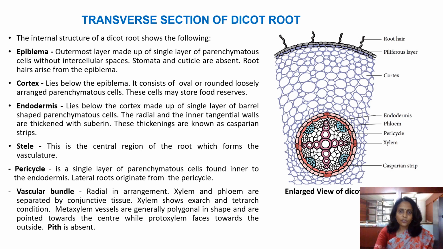In a typical dicot root that you see, for example, in Sisa, there are 4 xylems and 4 phloems which alternate each other. This is a tetrarch arrangement of the xylem, and it is exarch in nature, since the metaxylem cells are present towards the center, which are polygonal in shape, while the protoxylem cells face the periphery. Pith is absent.